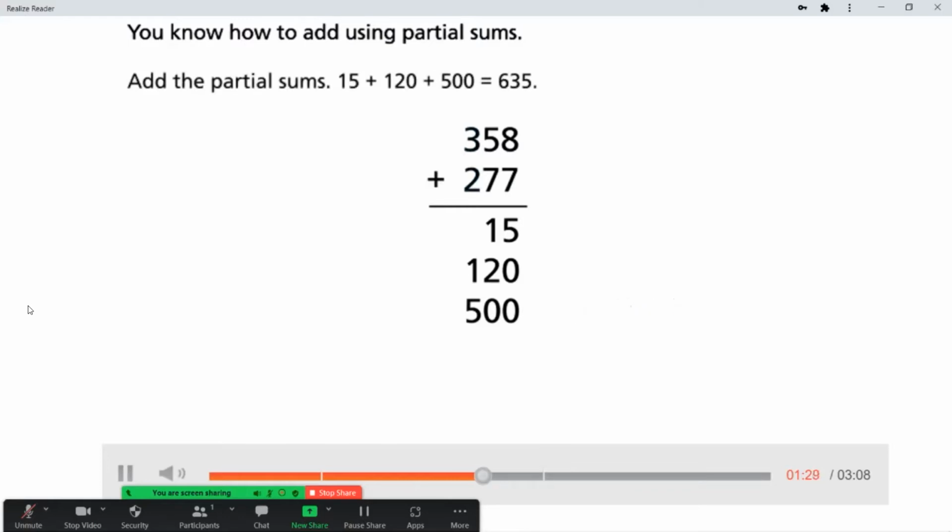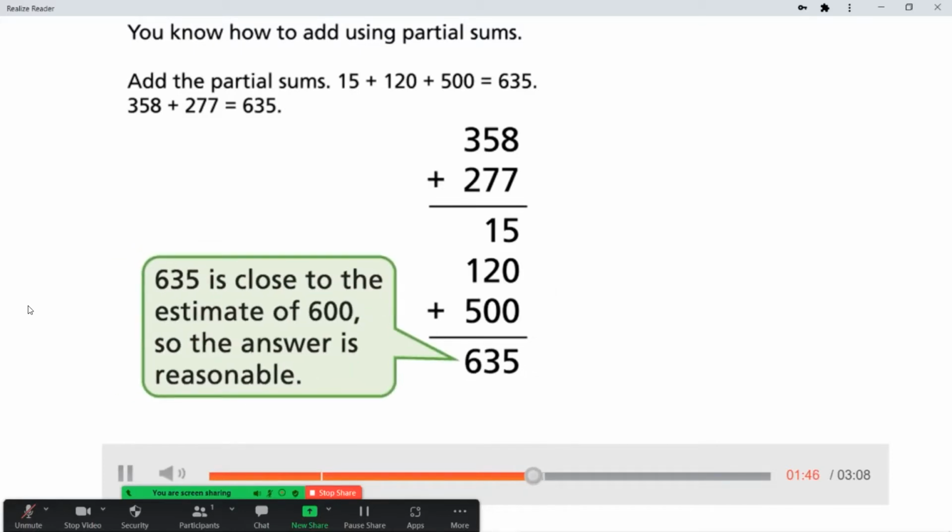Add the partial sums. 15 plus 120 plus 500 equals 635. 358 plus 277 equals 635. 635 is close to the estimate of 600, so the answer is reasonable.